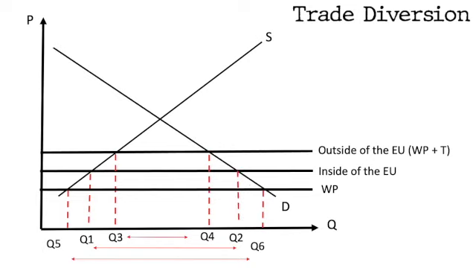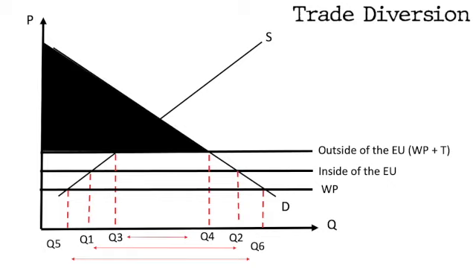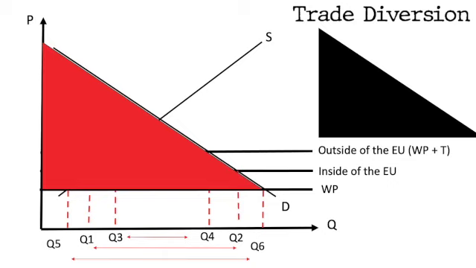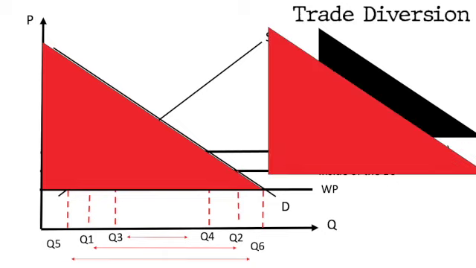So when we have a look at it from a consumer surplus point of view, and let's imagine we look at it from, that's the consumer surplus for outside of the EU. I mean, with the tariff as well, sorry. And clearly it's still greater than domestically, but if you have a look at it from this point of view, and we look at the differences between the two, clearly there's a massive difference, and the consumer surplus will be so much higher, so much greater, if they're able to trade with the world without that external tariff which is imposed by the EU.